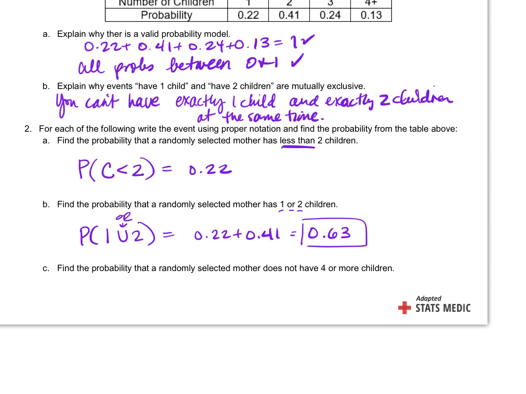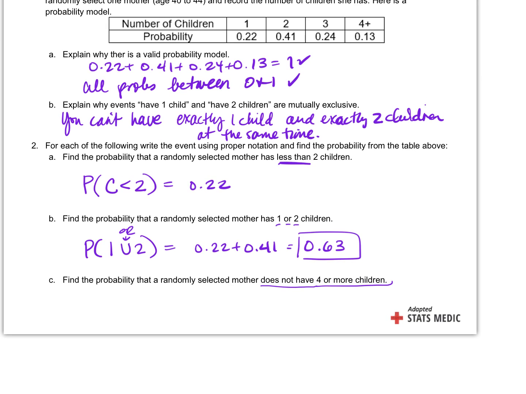And then find the probability the randomly selected mother does not have 4 or more children. Does not have 4 or more children. So what would I do there? 1 minus. Two ways to do it. Yes, you can do 1 minus 0.13, right?